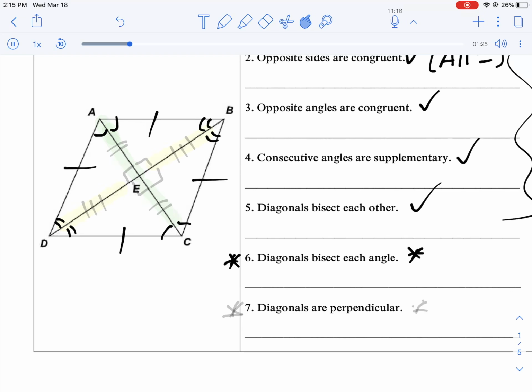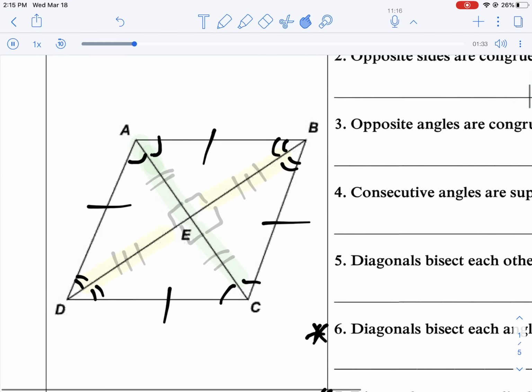And diagonals are perpendicular. That's also a property we haven't seen before. Since diagonals are perpendicular, they make right angles here at the center where they intersect. Again, we know diagonals bisect each other, so this would be congruent to this, and this one would be congruent to this one.